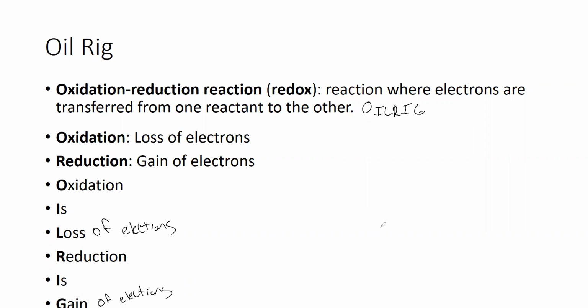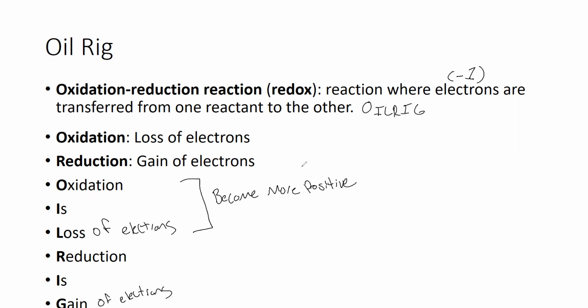One more thing, remember from our discussion in the first couple of weeks of class, electrons are negatively charged. Electrons have a negative charge of 1. So if you're oxidized and you're losing electrons, you become more positive.